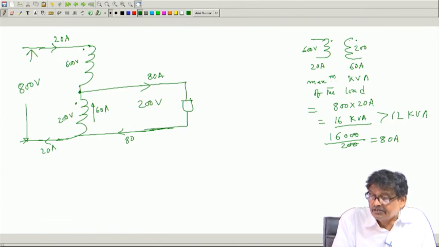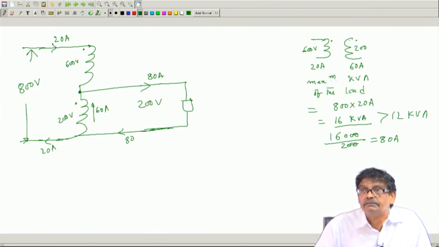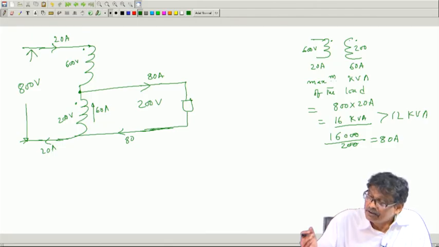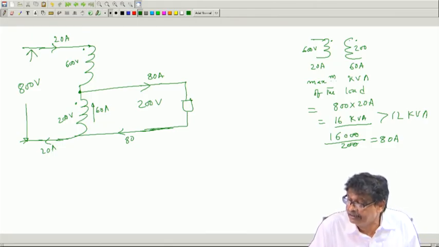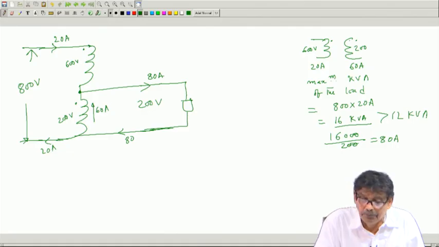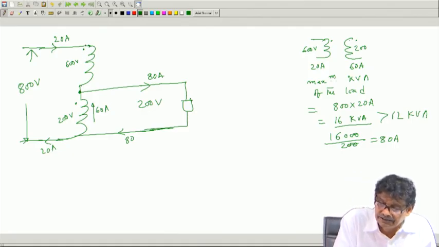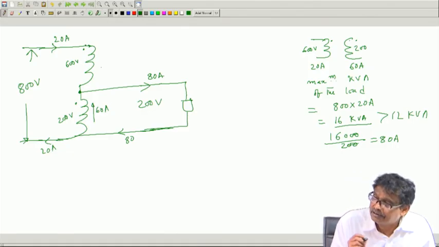How much kVA is conducted by conduction? Oh, kVA transferred magnetically or by transformer action will be 12 kVA, whatever is the 600 into 20.